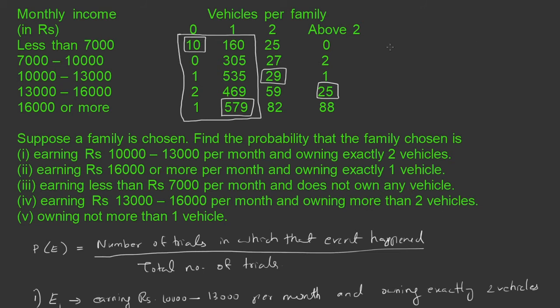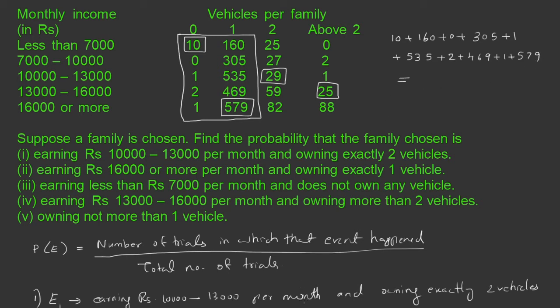I need to add all these data to find the total number of families owning not more than 1 vehicle. So, the number of families having not more than 1 vehicle is 10 plus 160 plus 0 plus 305 plus 1 plus 535 plus 2 plus 469 plus 1 plus 579.